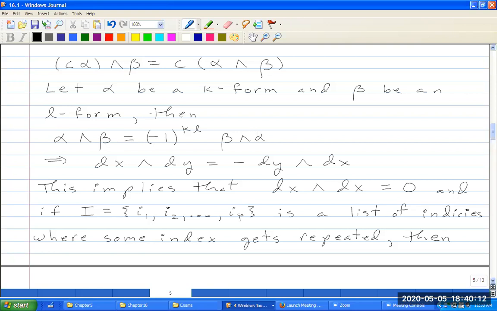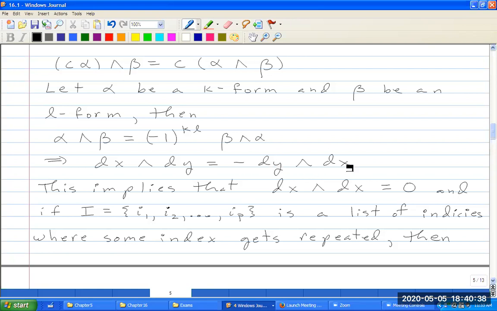Now, in particular, if I have one forms, well, 1 times 1 is just 1, so (-1) to the 1 is negative. Therefore, if I have, let's say, dx wedge dy, that's just equal to negative dy wedge dx.